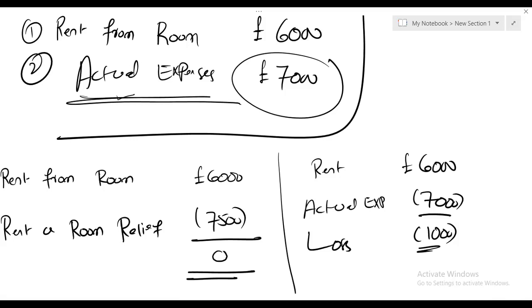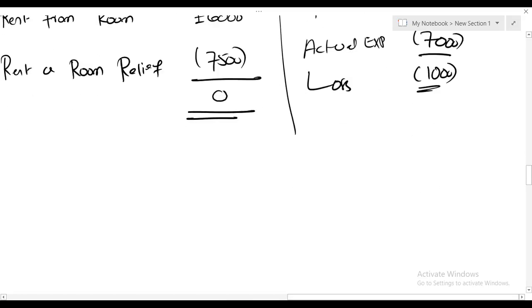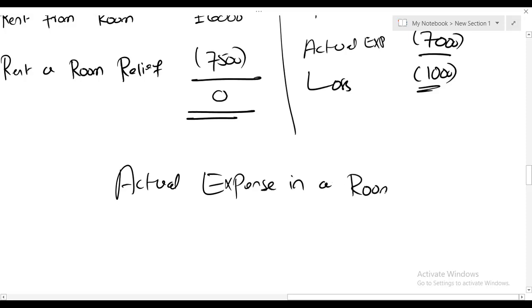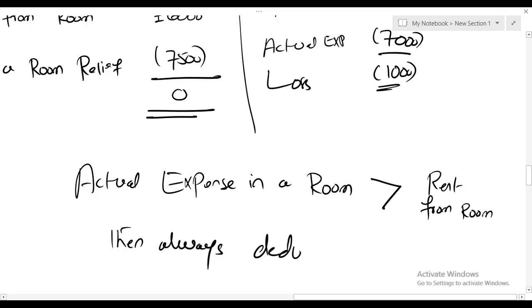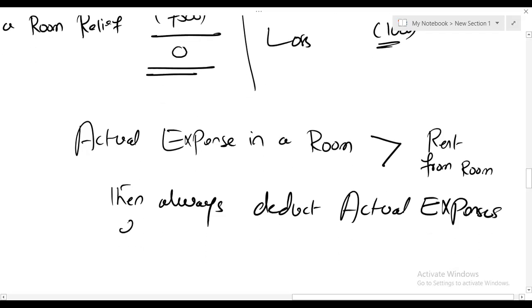The concept is, whenever you come across a situation when your actual expenses in a room are more than rent from room, then always deduct actual expenses from rent.